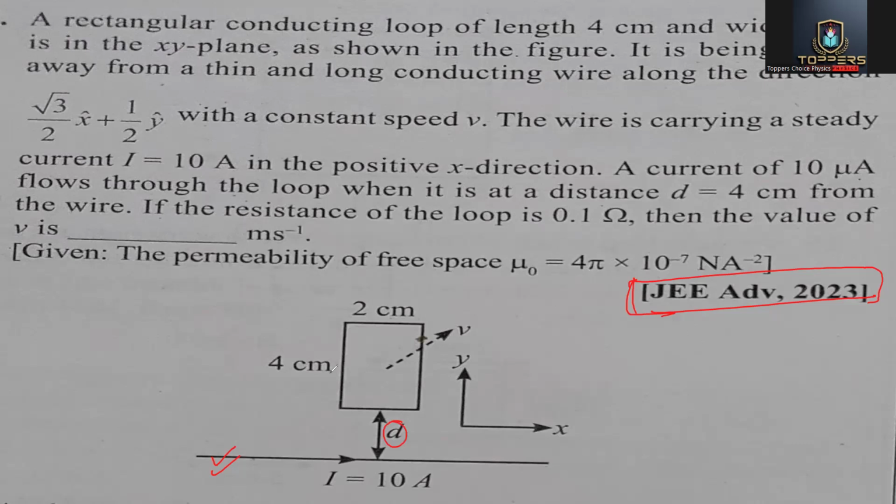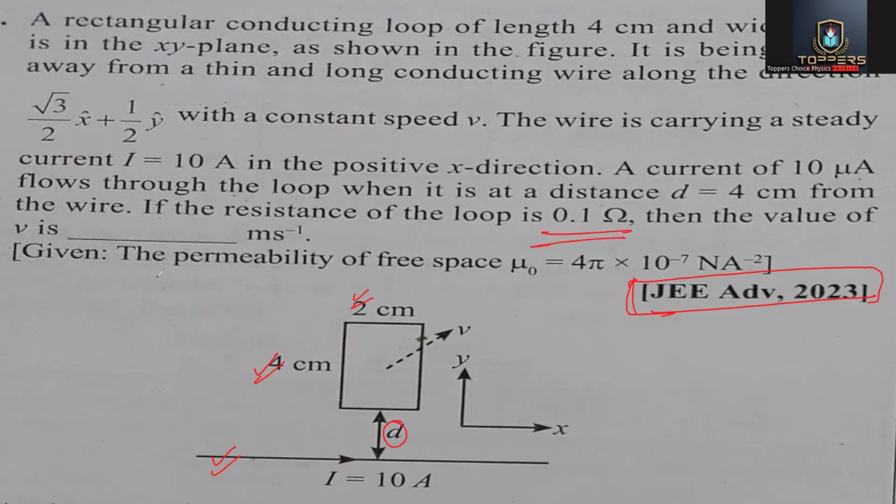Its length is 4 centimeter and width is 2 centimeter. Its x and y direction positions they have given already. They have given the loop resistance also, that is 0.1 ohm.